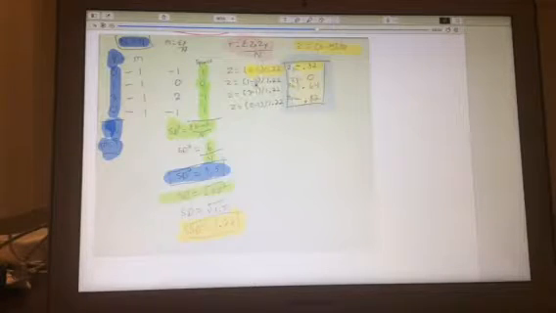Second one, 1 minus 1, which is 0, divide by 1.22, we get 0, okay? Next one, 3 minus 1, we get 2, divide that by 1.22, we get 1.64.